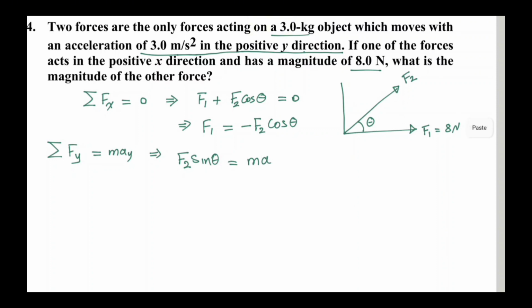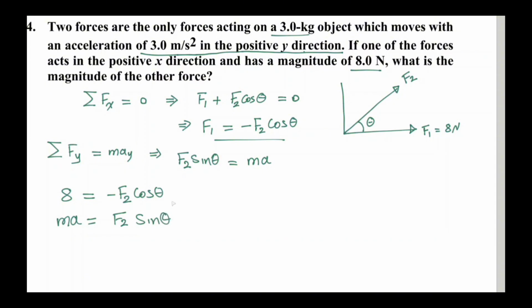And by simplifying this one here, 8 equals minus F2 cosine theta, and ma equals F2 sine theta.